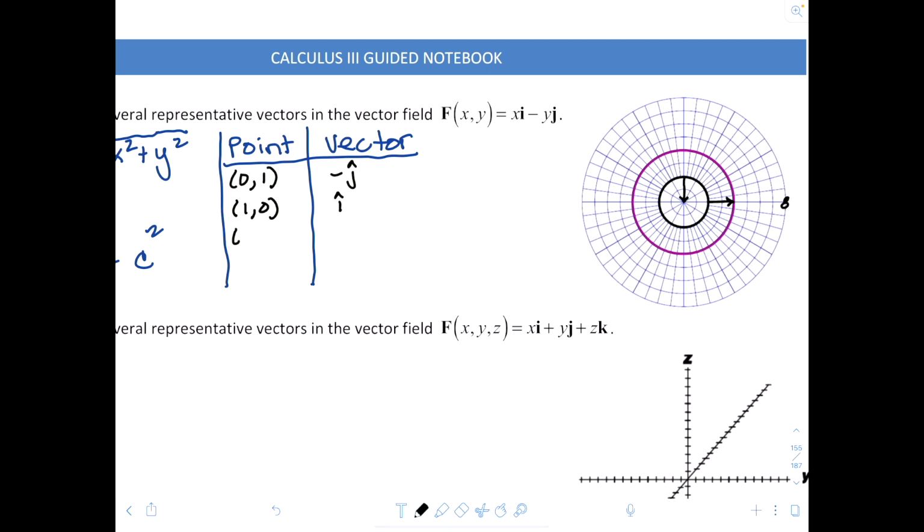And if you were at negative 1, 0, you'd have negative i, and so you'd be going like this. And if you had 0, -1, you'd be starting at 0, -1 and then going up. So it'd look like this.